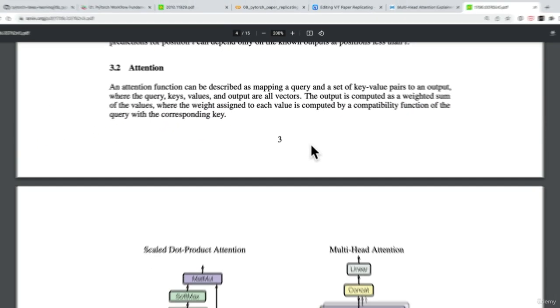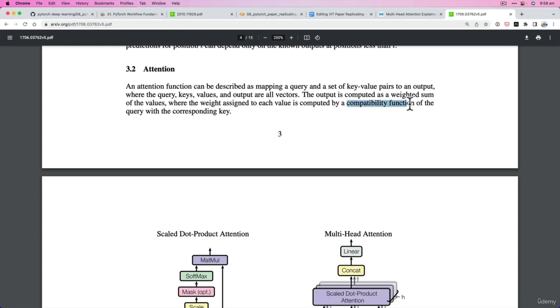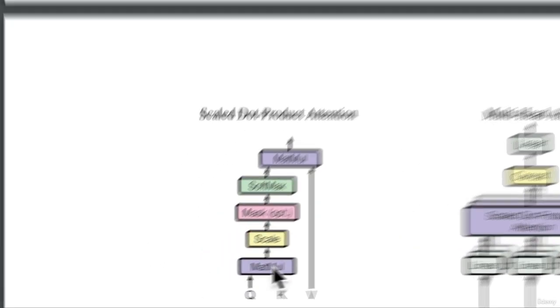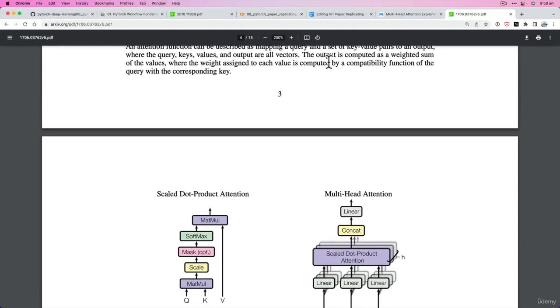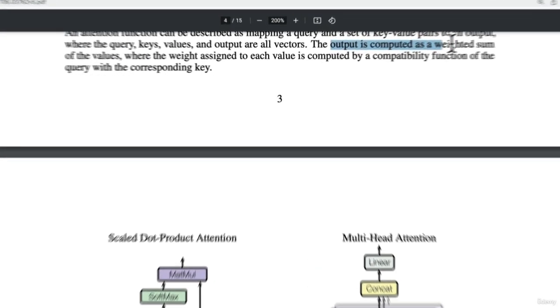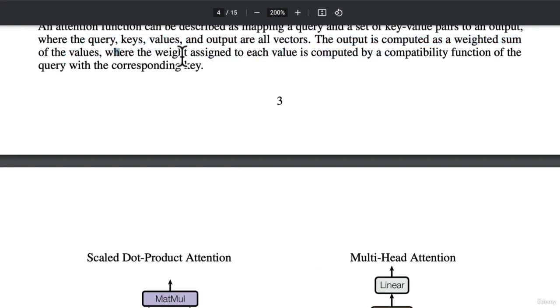So this is where papers get a little bit technical, like compatibility function. Behind the scenes, it is actually just a matrix multiplication.